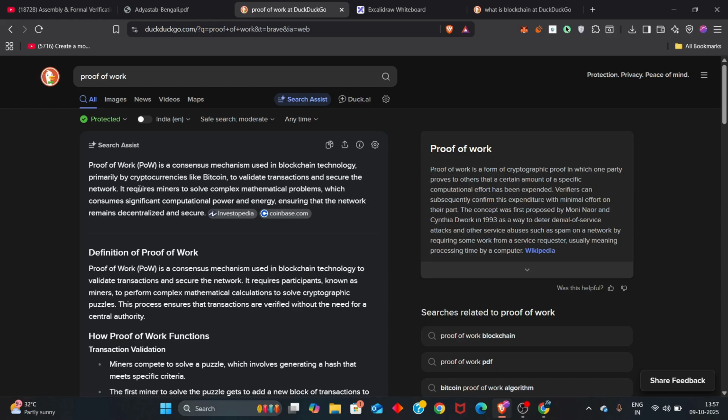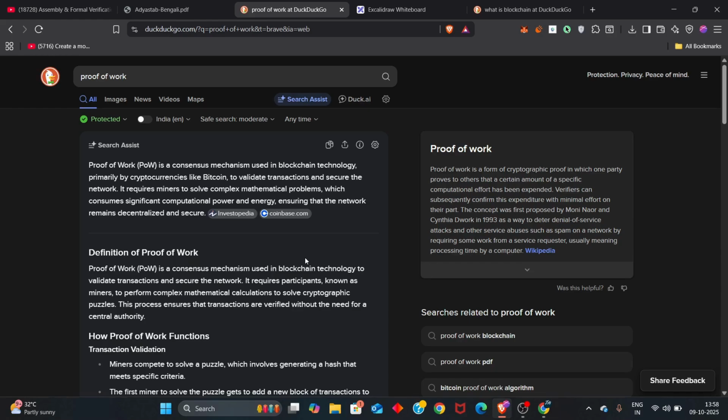You want to be a part of the blockchain ecosystem, then you need to pass through the proof of work. By proof of work, we mean complex mathematical problems. You have to solve some mathematical problems to be part of the Bitcoin ecosystem. That is how the Bitcoin ecosystem is managed. This is the fundamental concept of the Bitcoin ecosystem.